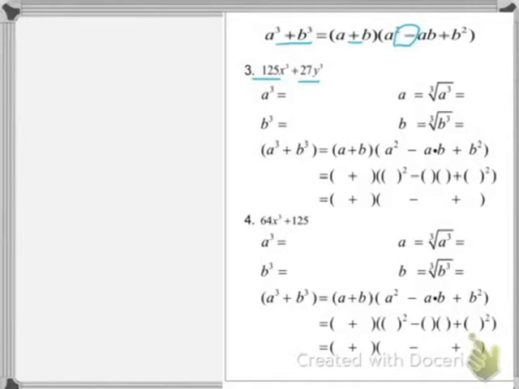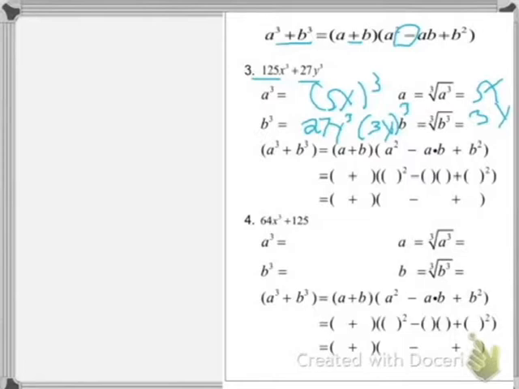So you would find that 5 times 5 times 5 is 125, x to the third is x to the third, so 5x is your A. Then 27y to the third, 3 cubed is 27, y cubed is y cubed, so 3y is your B.